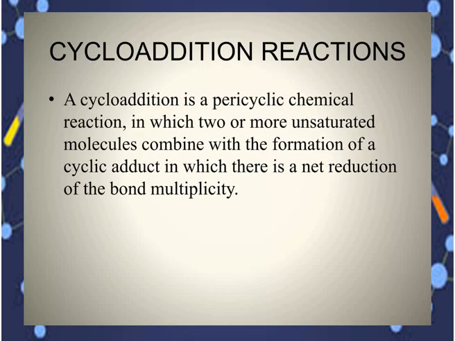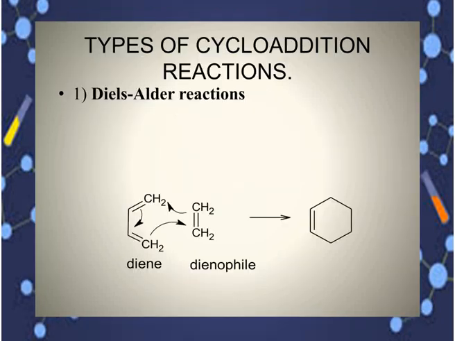Now you can see the cycloaddition reaction. What is the cycloaddition reaction? A cycloaddition is a pericyclic chemical reaction in which two or more unsaturated molecules combine with the formation of a cyclic adduct in which there is a net reduction of bond multiplicity. Look at this reaction scheme.